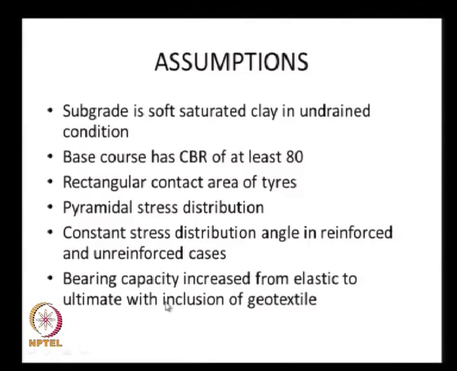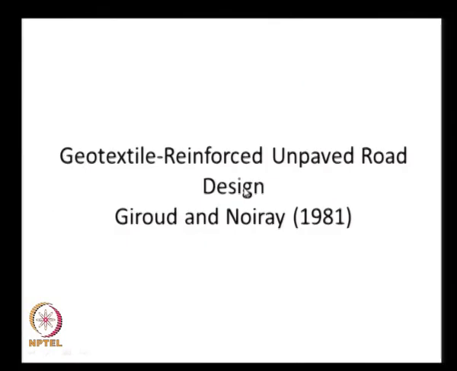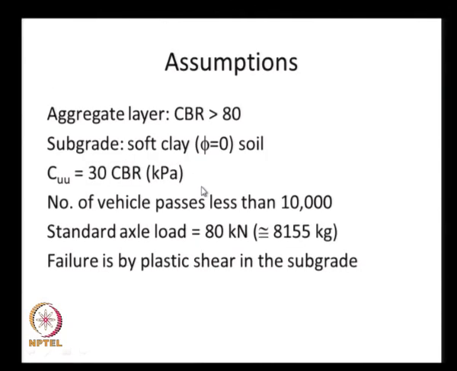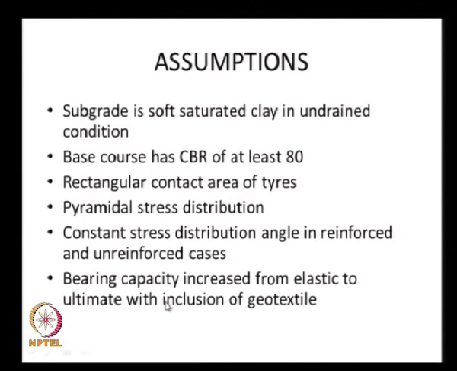Some of the other assumptions are: the subgrade soil is saturated in undrained condition, and the base course aggregate has a CBR of at least 80. They assume a rectangular contact area of the tires, because they have considered the dual wheel configuration, with this rectangular contact area of L by B just for simplifying the analysis.